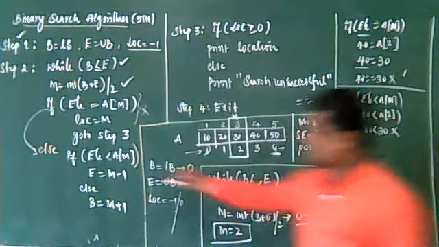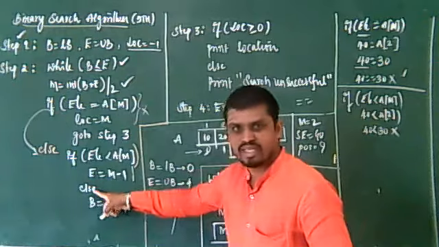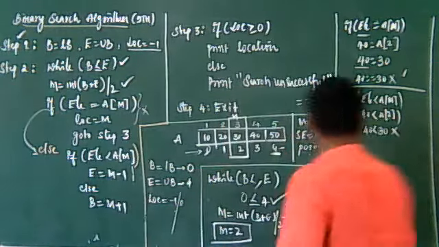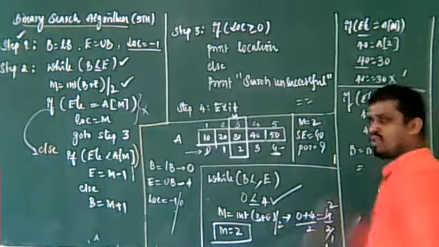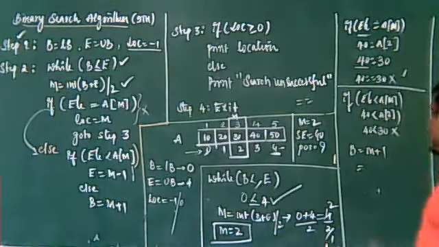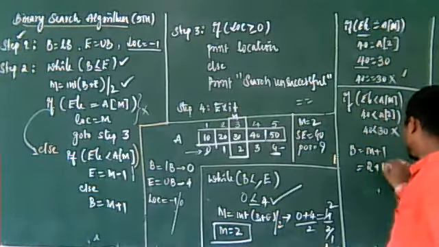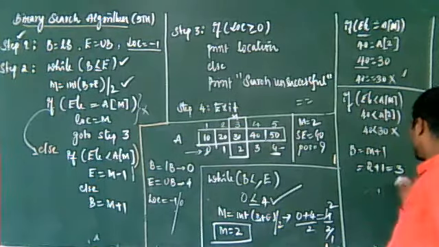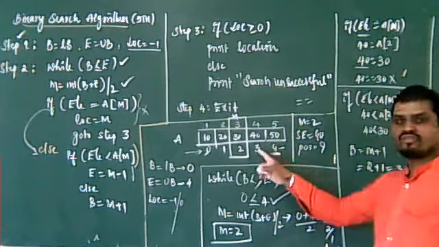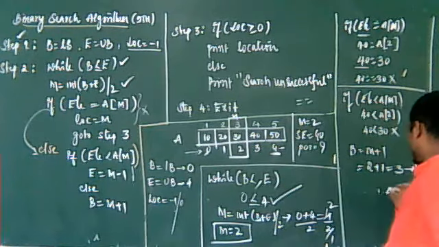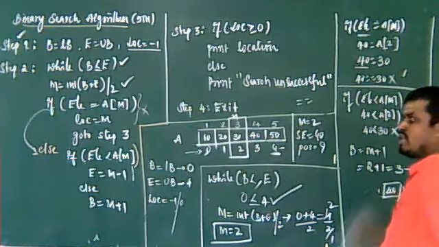So when this condition becomes false, it goes to the else part. So beginning equals M plus 1. We know the value of M: M is 2, plus 1, so 3. So it means A of 3. What is the value of A of 3? 40. So we searched for 40, and we got that.